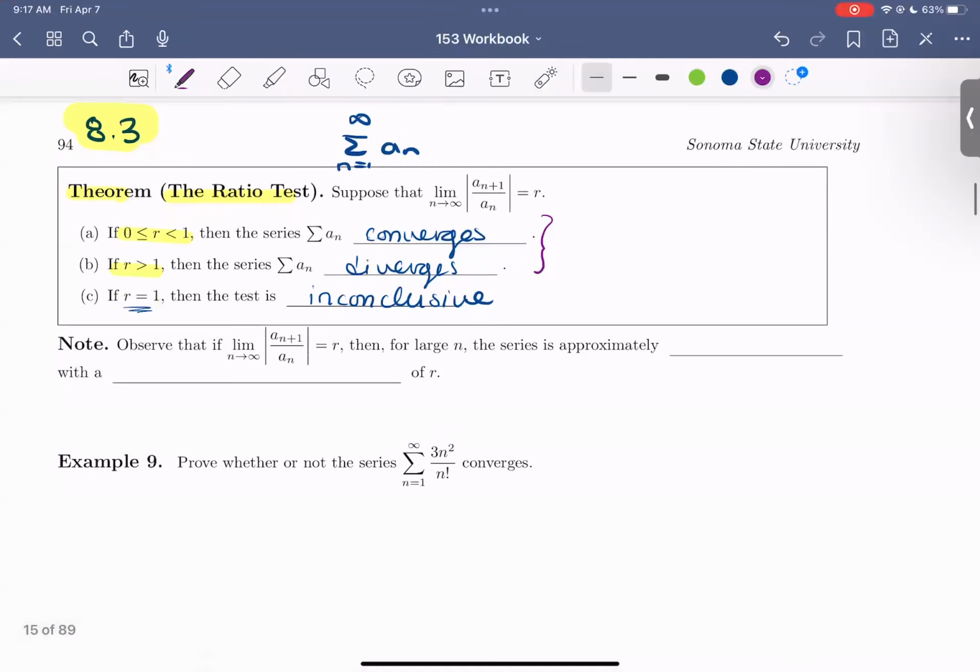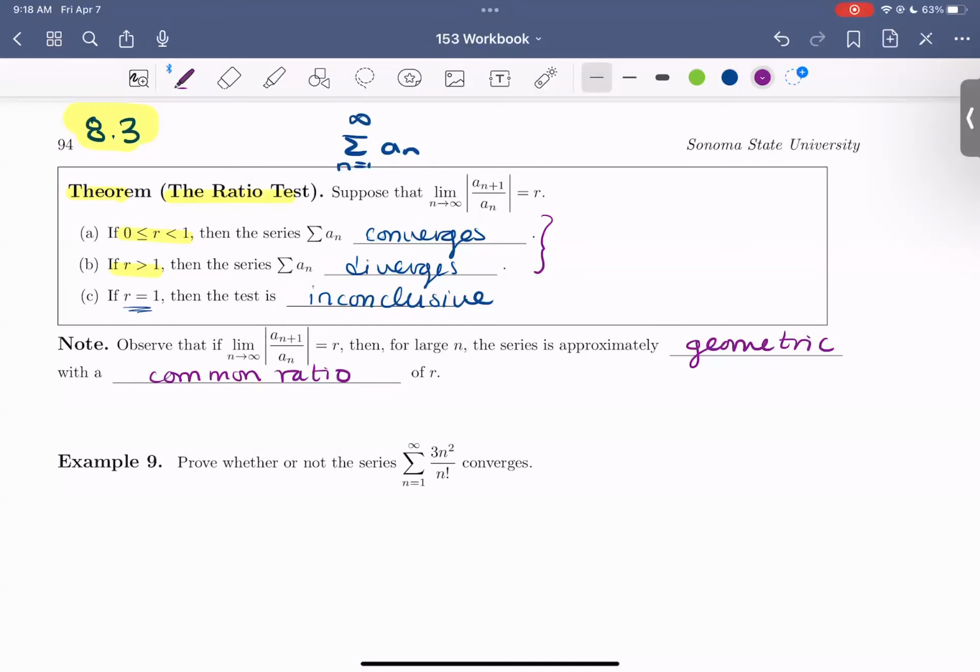Observe that if this limit of the absolute values of the ratio is r, then for large enough n, the series is approximately geometric with a common ratio of r. Okay, cool. So let's look at an example to practice using this theorem.